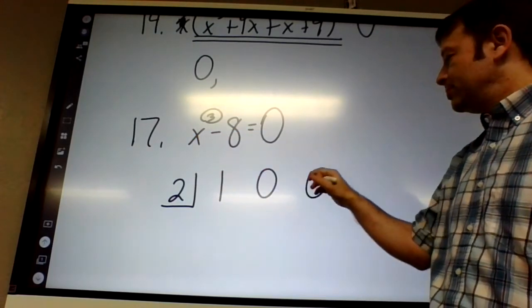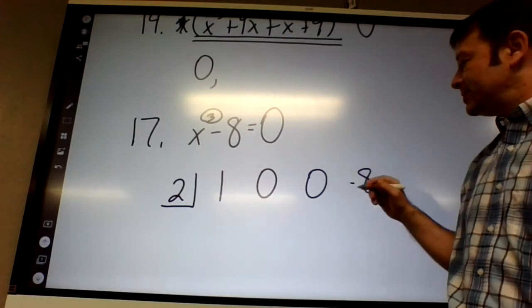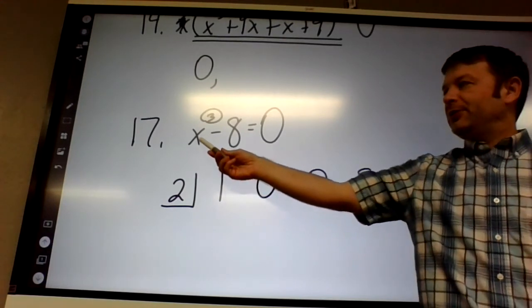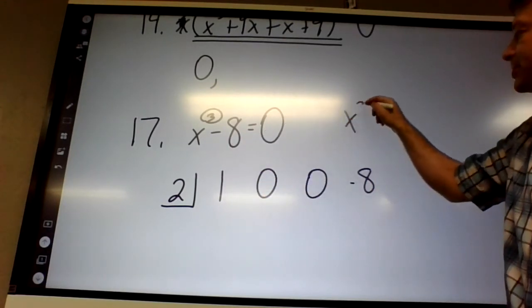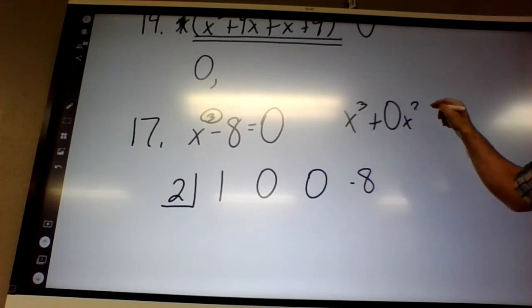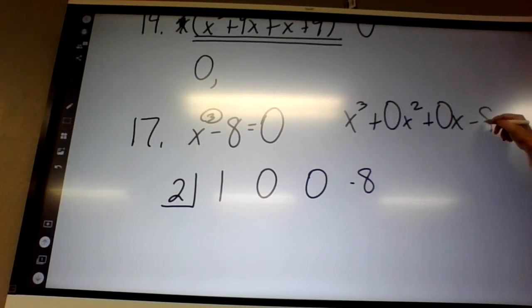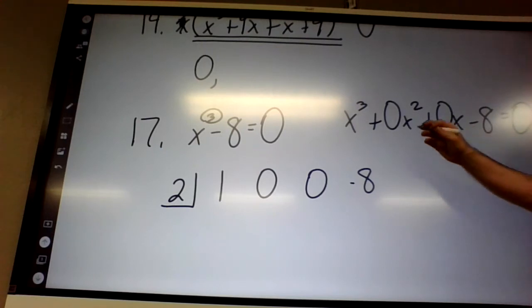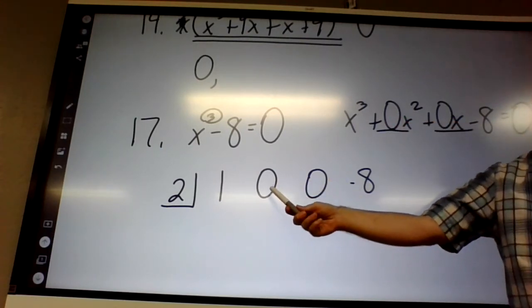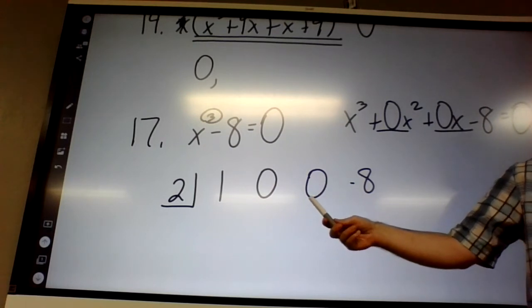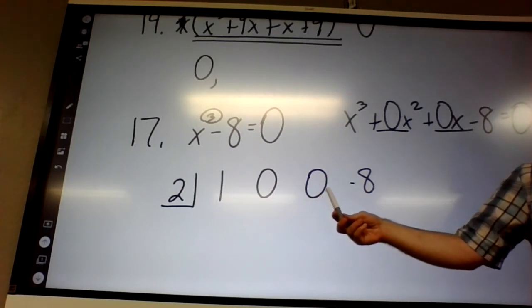So when you do synthetic division, you have to put a 0 in. So this is like x cubed plus 0x squared plus 0x minus 8. We're missing 2 terms in the middle, so when you do synthetic, you need to put a couple zeros in there as a placeholder. Any questions on that?